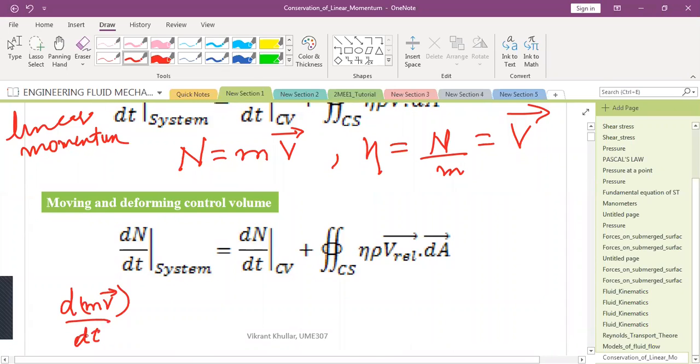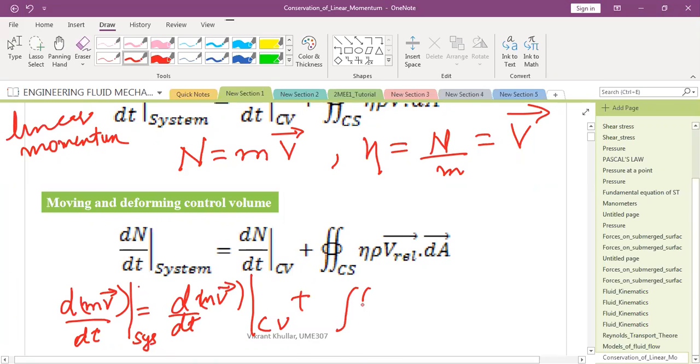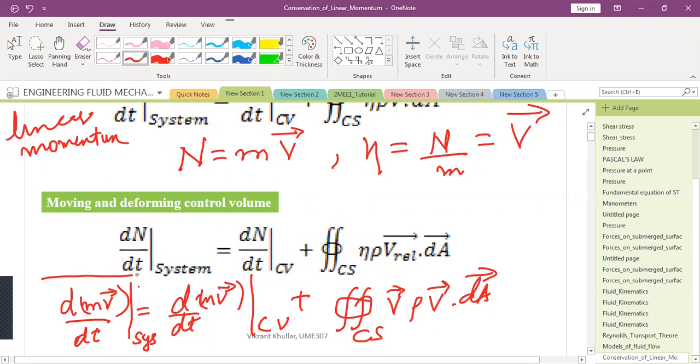So I have put mV instead of N. This is equal to d by dt, here again mV, but this is now for the control volume, this was for the system, plus the double integral over the control surface. N is V now, rho V dot dA. Any doubts to anyone in this expression?